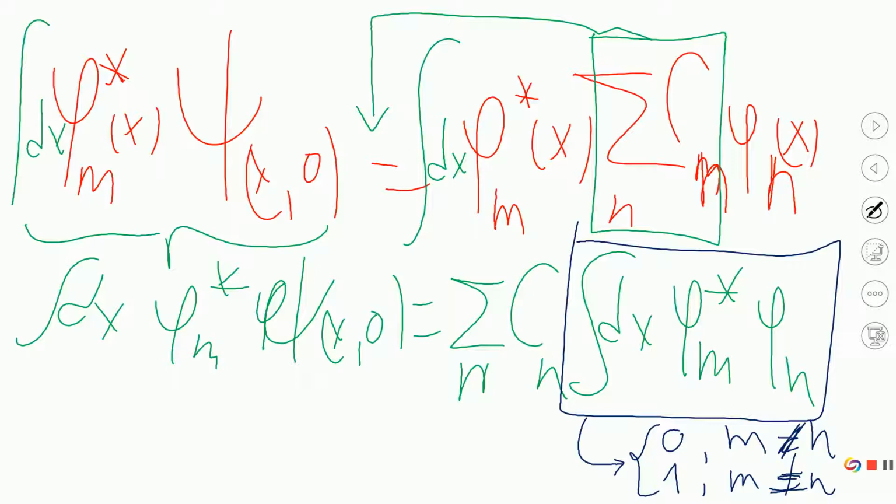So on the left, we have the product of the past multiplied by one of the eigenfunctions and integrated. On the right, originally we had a large number of terms.